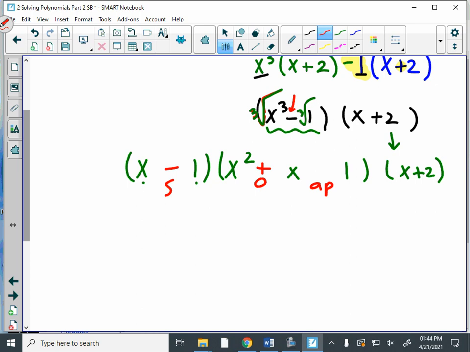O stands for opposite, so opposite of minus is plus. AP stands for always positive, that's always going to be a plus sign. And what's nice about SOAP is when you are done factoring using the SOAP method, you can't do anything else. So I'm going to go ahead, set each factor equal to 0, and solve.